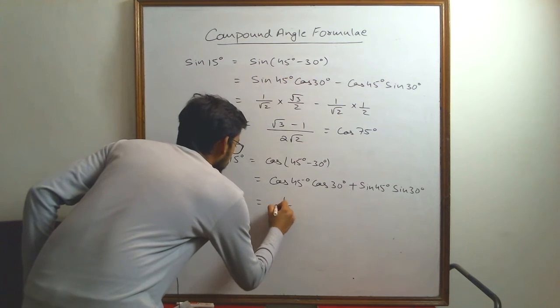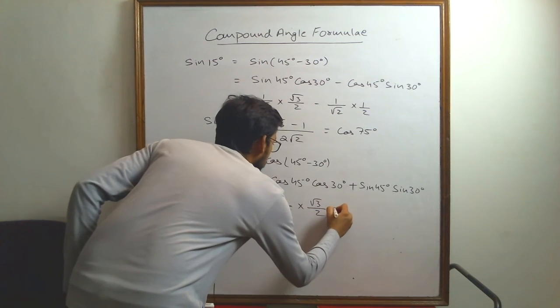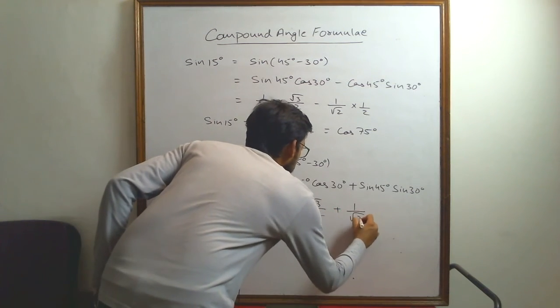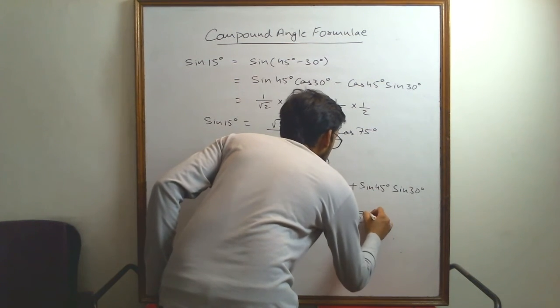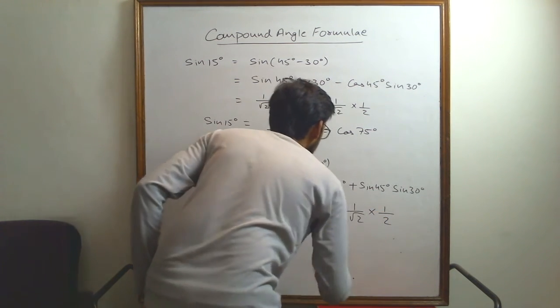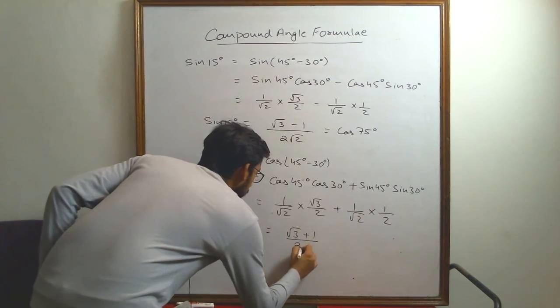Cos 45 is 1 upon root 2, cos 30 is root 3 by 2, plus sine 45 is 1 upon root 2, into sine 30 degree, which is 1 upon 2. So this is equal to root 3 plus 1 upon 2 root 2.